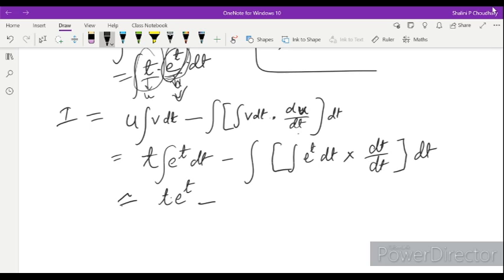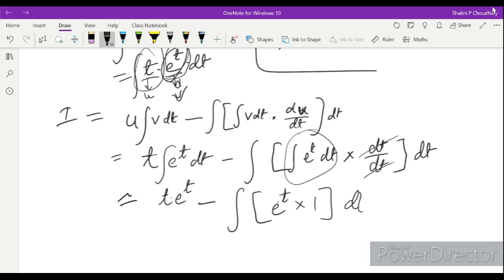t e to the power t minus, now we have to find the integral of e to the power t again here. So it will be again e to the power t, multiplied by 1, because dt upon dt will be 1. It means we are finding the derivative of t with respect to t, so we'll get 1.